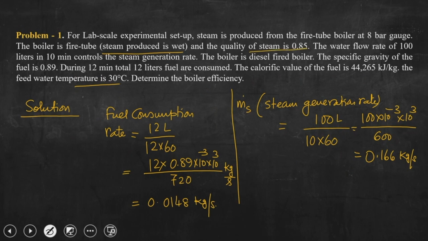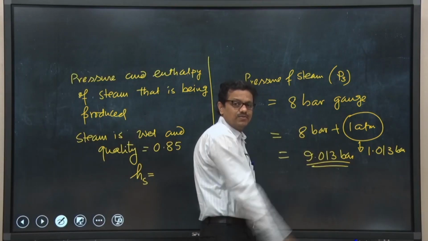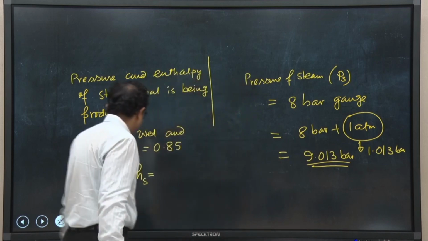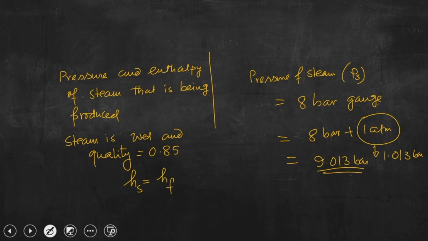Now, what can we do? We can calculate the enthalpy of that wet steam. So, Hs, that is the enthalpy of the wet steam at this pressure 9.013 bar, because this is the pressure at which steam will be available in the boiler. So, that is Hf at 9 bar.